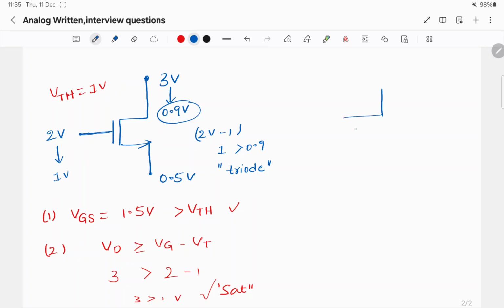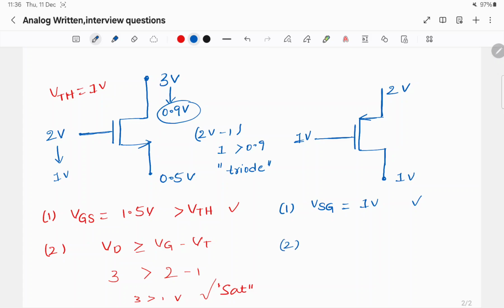For PMOS case, let us say similarly, the source is at 2 volts, the gate is at 1 volt and the drain is at 1 volt. Similarly here VSG is 1 volt, so this is on.